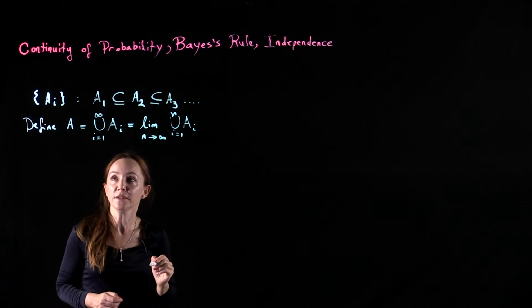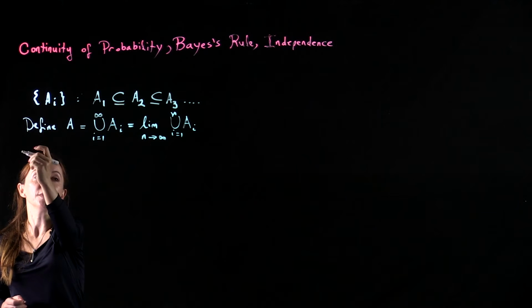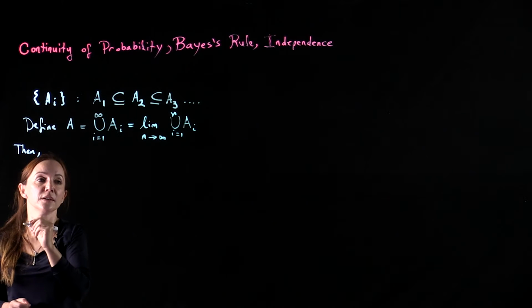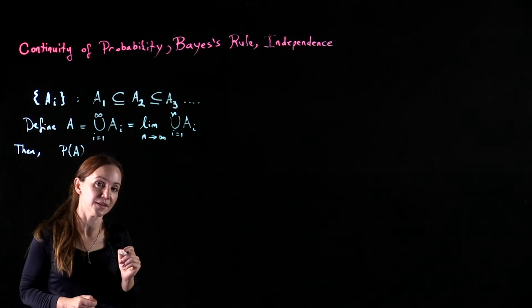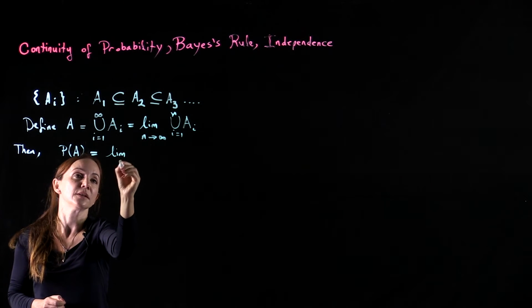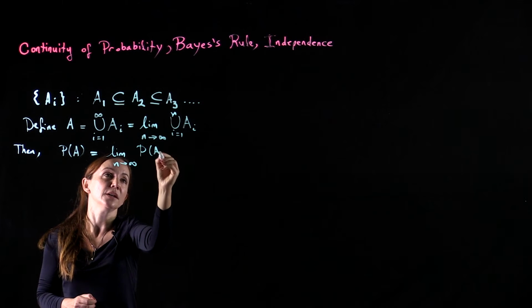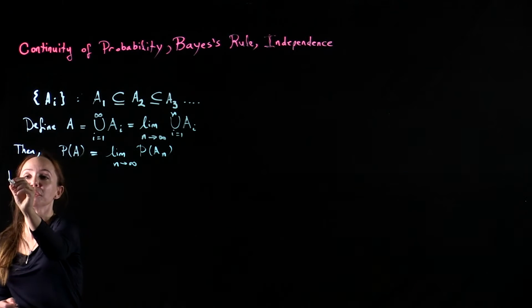Okay. Now, the continuity of probability is a theorem that says that the probability of the limiting set is equal to the limit as n goes to infinity of the probability of the sets A_n. How can we prove this?